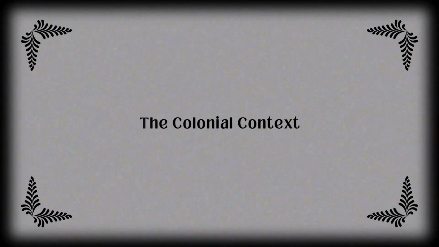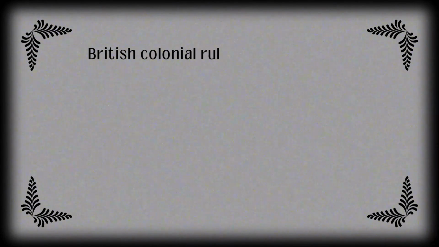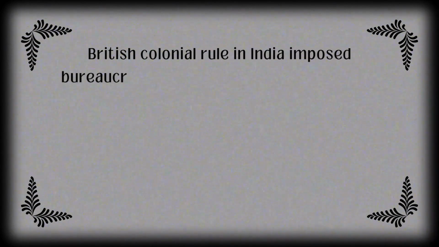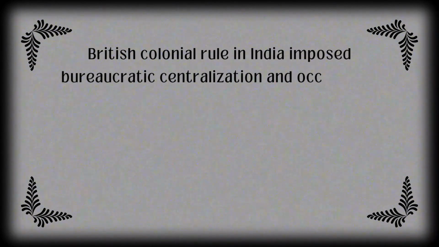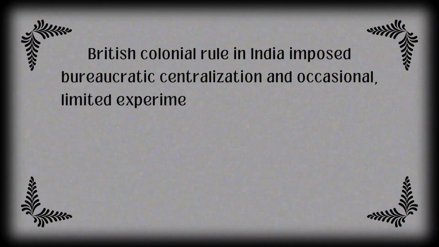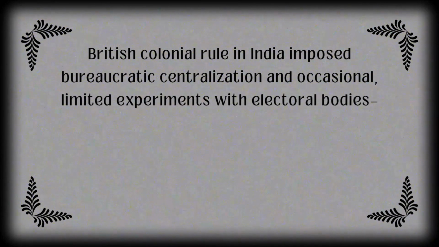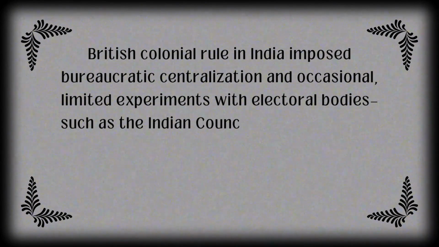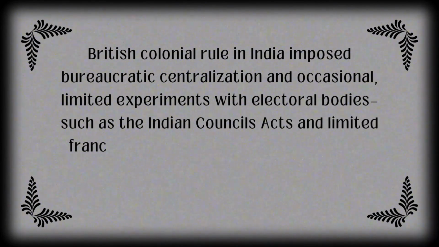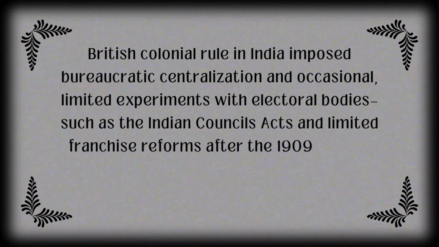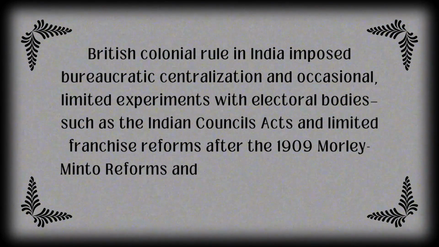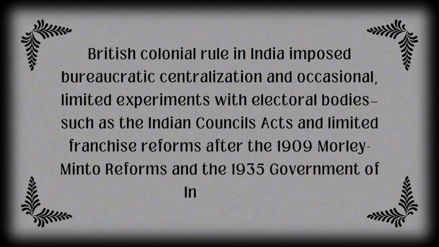From colonial subjection to democratic aspiration, the colonial context. British colonial rule in India imposed bureaucratic centralization and occasional, limited experiments with electoral bodies, such as the Indian Councils Acts and limited franchise reforms after the 1909 Morley-Minto reforms and the 1935 Government of India Act.